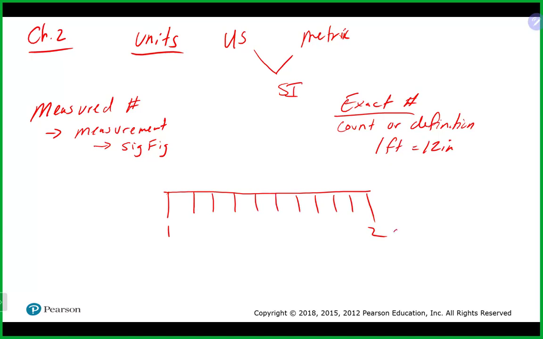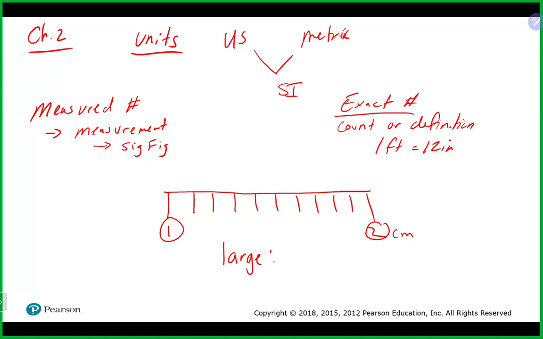So as we looked at this ruler, when we are taking any type of measurement, we want to figure out the two different markings on a particular piece of equipment. As we talked about last time, the first type of marking is sometimes referred to as the large marking, and those are usually the ones that have numbers next to them.